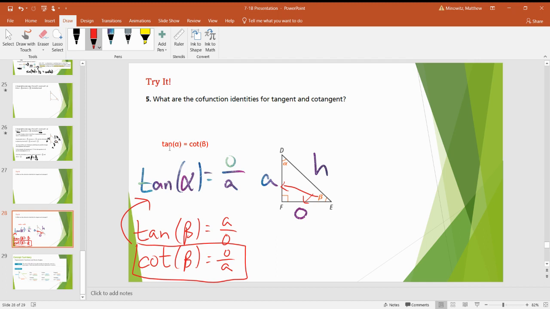So the tangent of alpha equals the cotangent of beta. And same thing, sine of alpha equals cosine of beta, and cosine of alpha equals sine of beta. All these theorems you'll start to see as we look at more side lengths and ratios on the triangles.